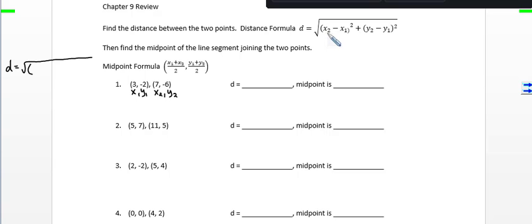So your x2 minus x1 is going to be 7 take away 3 squared plus y2 is negative 6, y1 is negative 2, negative 6 minus a negative 2 squared.